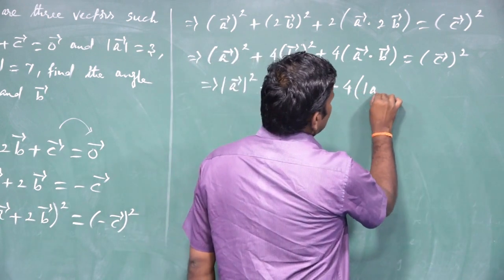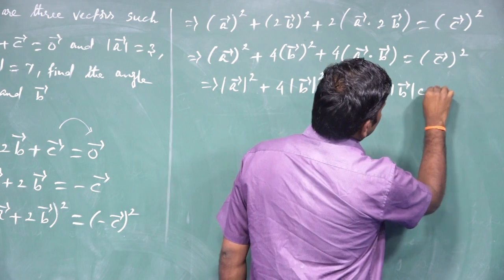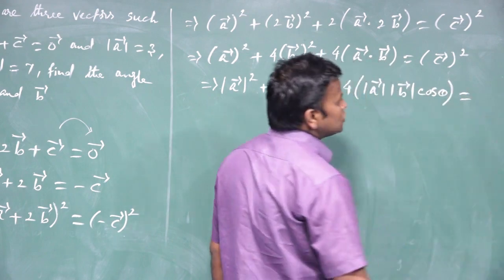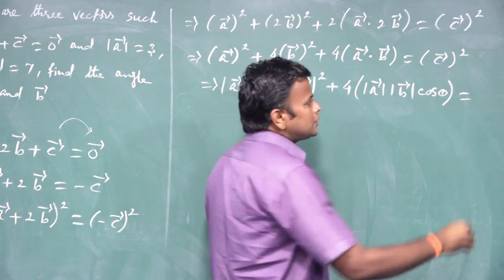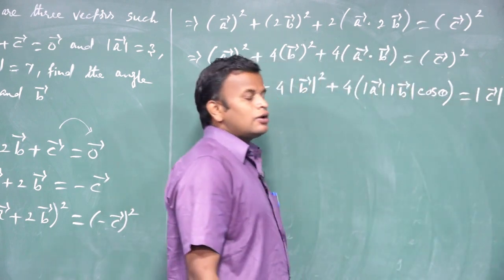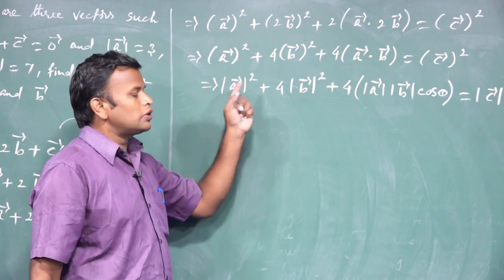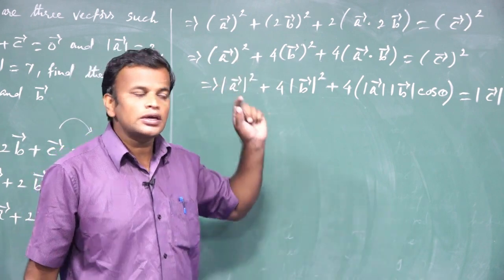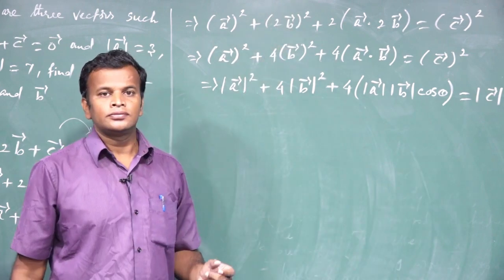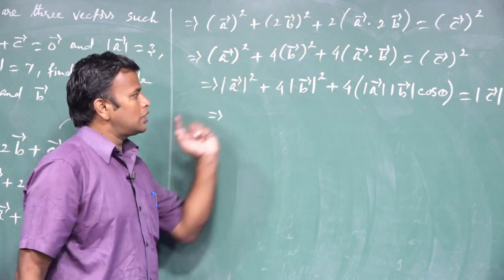On the RHS, we write C square as modulus C vector the whole square. We can convert A vector square into modulus A vector square only when the given vector has a square. Okay.